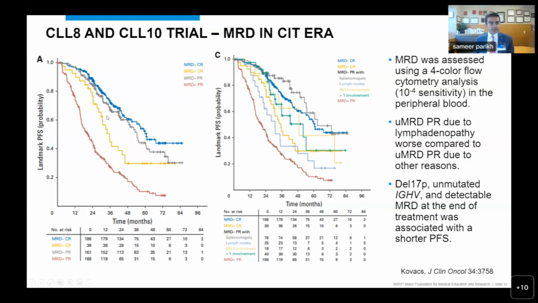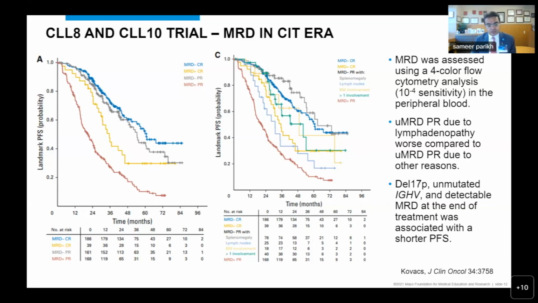Now, if you break this MRD negative PR gray line into the type of patient responses, you will see on the right that it's really those patients who have MRD negative PR with lymphadenopathy, in this light blue curve, who do the worst, suggesting that residual lymphadenopathy is a marker of high risk of disease progression in a patient who has achieved MRD negativity but still has partial remission by measure of lymph nodes.